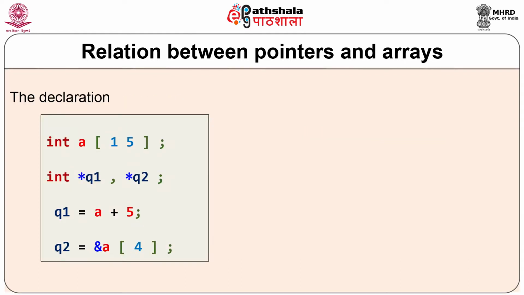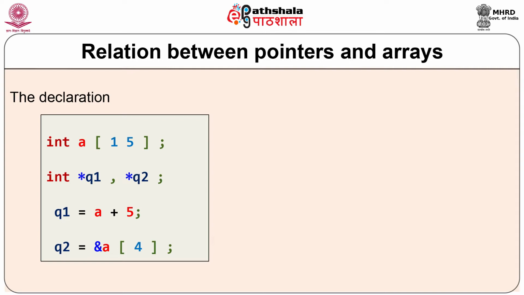In this statement, we made some changes using pointer arithmetic. What we did in this program is write q1 = a + 5 and q2 = &a[4]. So &a[4] means the address of the fifth element of the array. With q1 = a + 5, we are adding 5 to the array pointer.